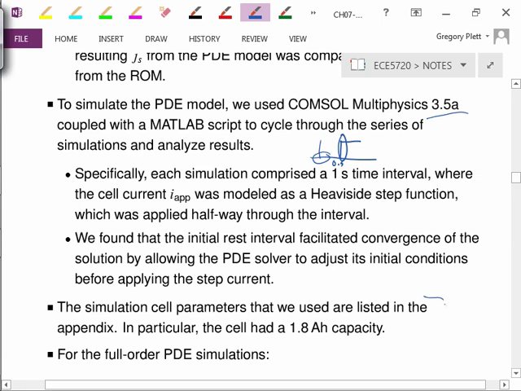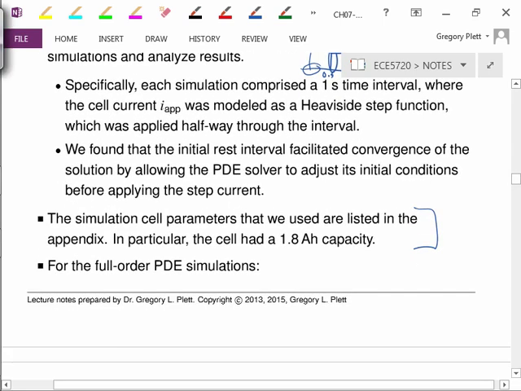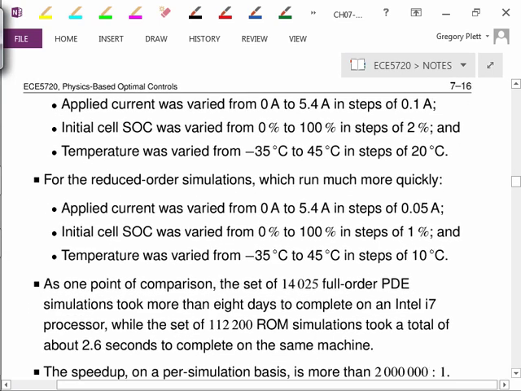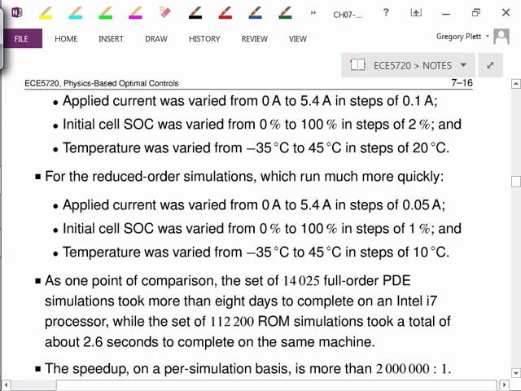The parameters, if you want to build your own simulation, are listed in an appendix to this chapter. The cell had a 1.8 amp hour capacity. These parameters actually were the ones directly from Ramadas's paper, and we used the same ones as he did. For the full order simulations, we varied the applied current from 0 amps to 5.4 amps of charge current, that is.